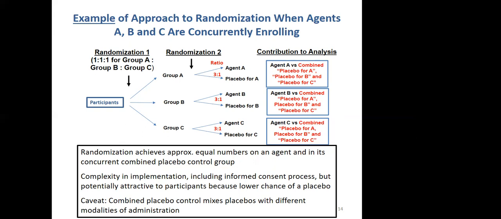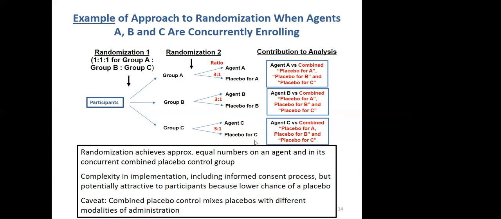So the point here is to get similarly sized or similar numbers of individuals on an agent and also in its concurrent combined placebo control group. So this does introduce complexity in implementation. It obviously means that in the informed consent process, these participants need to be made aware that they can receive any of these particular agents or the placebos for those agents.